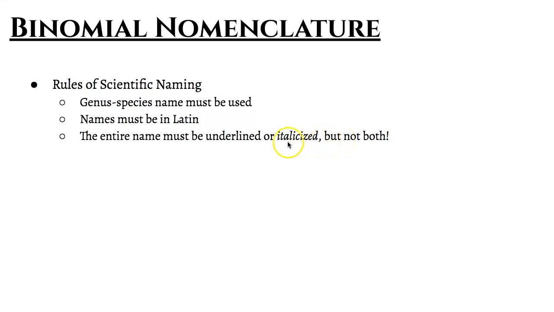In other words, when you see Canis lupus, I think it might have actually been incorrect on one of our slides, the name should be italicized. In other words, it should be slanted when it's written. And if it's not, let's say you're just writing it out by hand and you really can't italicize your handwriting, you just underline the name, and that works. Number 4, only the genus name is capitalized. And this is very important again.